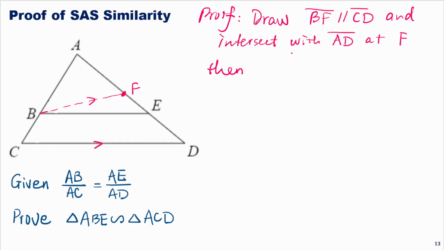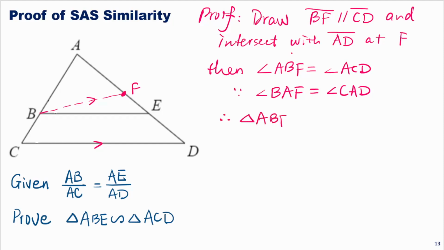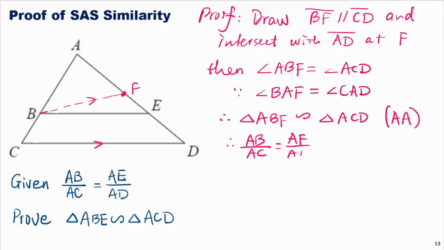Then we know that angle ABF should equal angle ACD. And because angle BAF equals angle CAD, we know triangle ABF must be similar to triangle ACD by AA similarity, which we have already proved. Therefore, AB over AC should equal AF over AD, and therefore AF should equal AB times AD over AC.